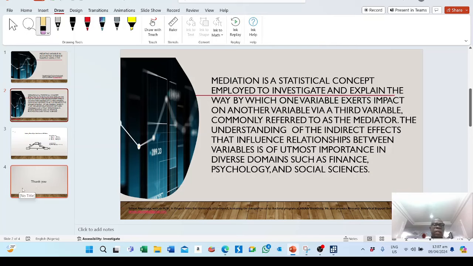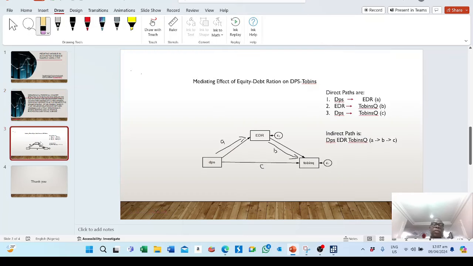So with that background, we'll go into applying how we run mediation in finance and accounting research. We are looking at the mediating effects of equity debt ratio on the dividend per share and TobinsQ relationship.